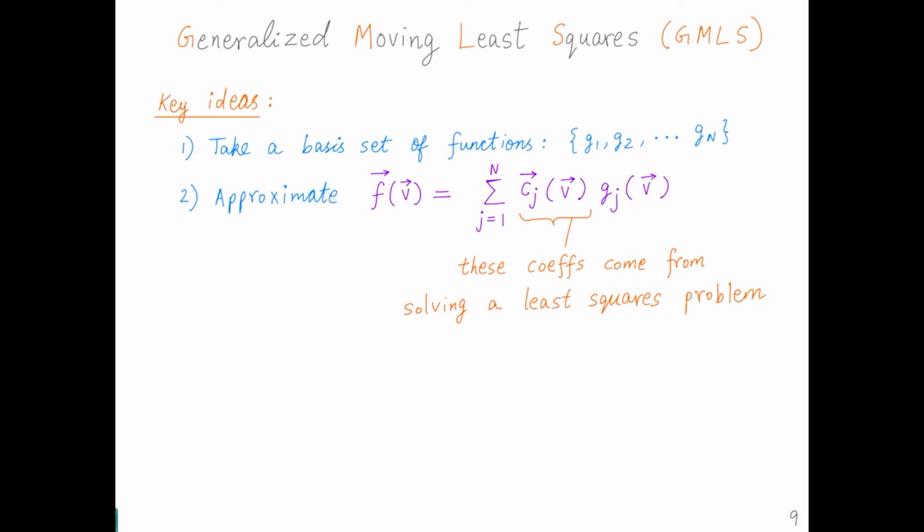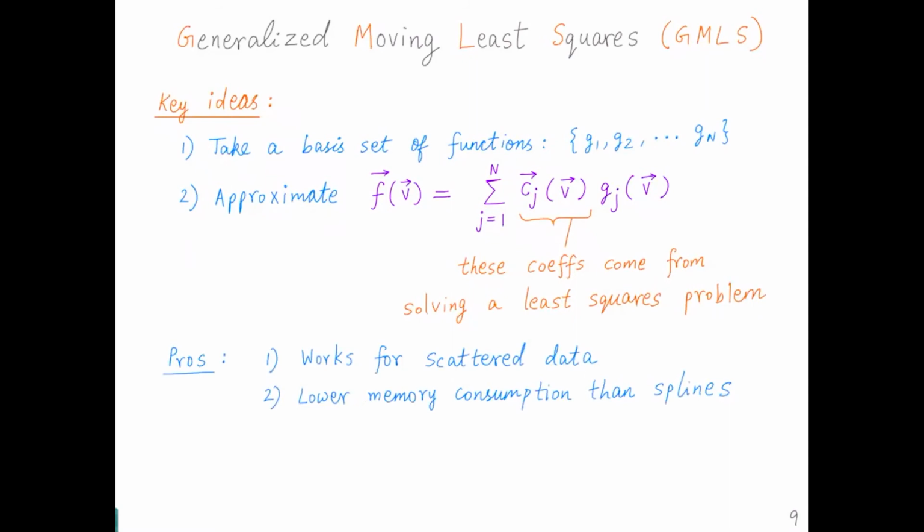Every time we have this vector v, we solve a least squares problem to determine these coefficients. That gives us our approximation to the function, which is our compact model. The pros are that this method works for scattered data, and it has lower memory consumption than splines, but it still consumes a fair amount of memory. And this least squares solution can become expensive if you're doing it millions of times.